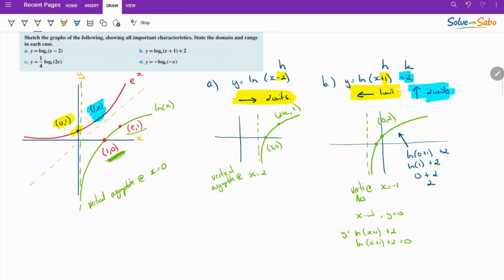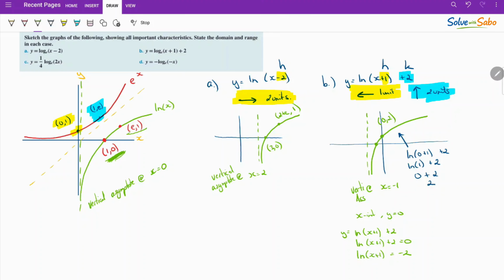Well, good question, right? All we have to do is rearrange this by using exponentials. Now, in a previous exponential video, we solved them by using logs. Well, if we want to solve logs, we can use exponentials. They are inverses of one another. So ln of x plus 1 equals -2.